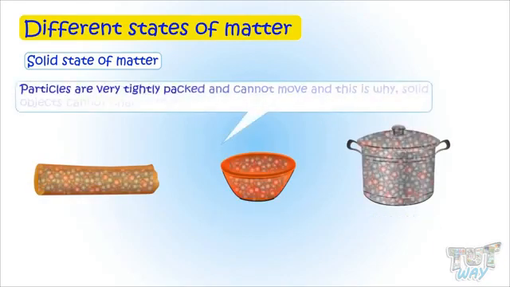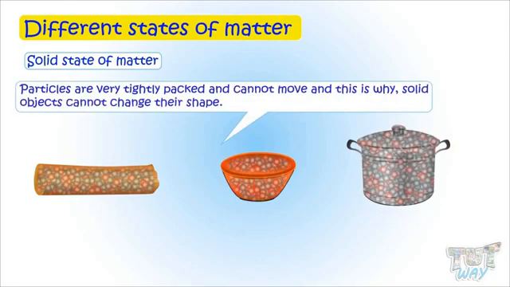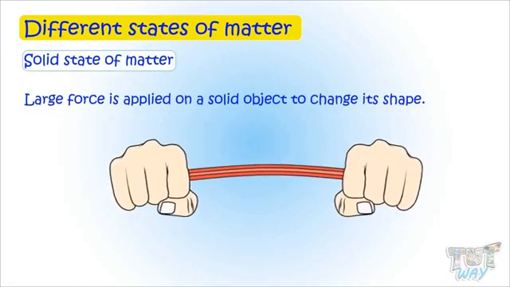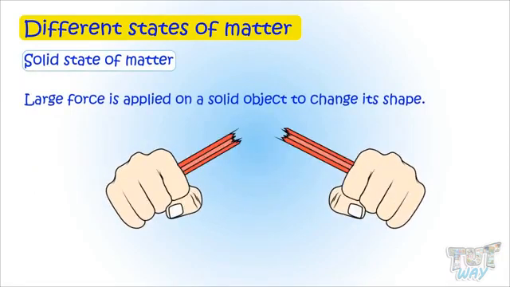The particles are very tightly packed and cannot move at all. And so that is why solid objects cannot change shape and remain in the same shape unless large force is applied on a solid object to make it change its shape.